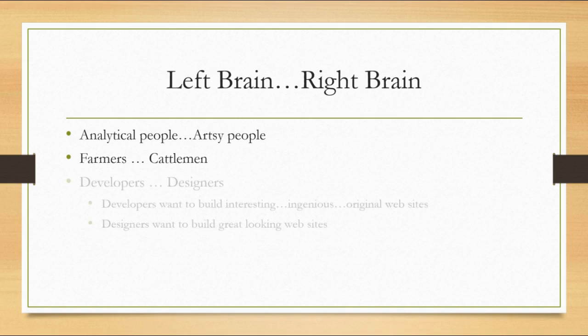There's always that conflict. And then what I'm close to are developers versus designers. Now, I'm more on the developer side. I'm more on the analytical side. I have to deal with designers a lot.